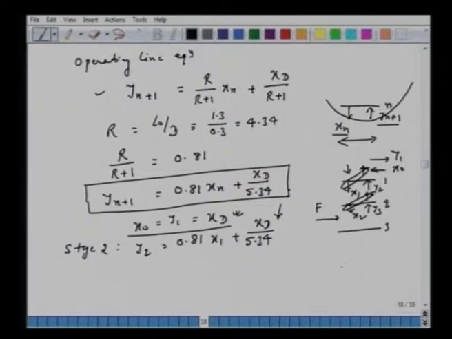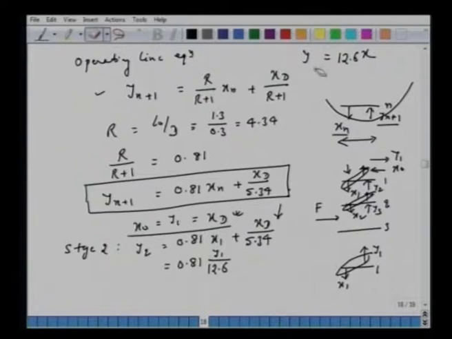But remember, for the plate, this x1 is in equilibrium with y1, plate 1, and we have been given the equilibrium line equation. So we can substitute x1 as y1 over 12.6. Remember, the equilibrium line equation is given as y equals 12.6 x. Okay, so that is the general expression. Since x1 and y1 are on the equilibrium line, we can substitute here to obtain this equation, x_T by 5.34.